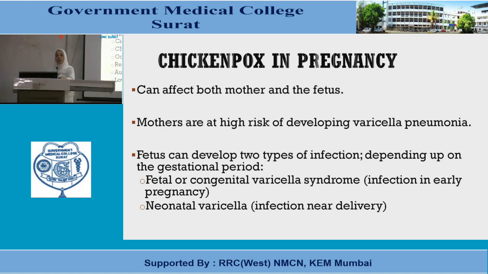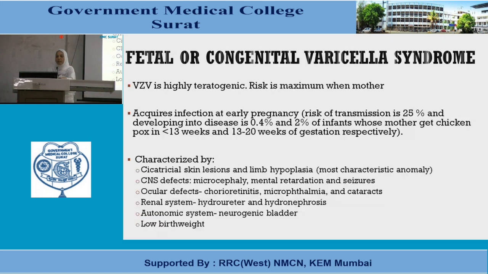Coming to the fetal or congenital varicella syndrome, it is highly teratogenic. The risk is maximum when the mother acquires infection in early pregnancy. The risk of transmission is 25%, and developing into disease is 0.4 to 2% of infants whose mother gets chickenpox in less than 13 weeks of gestation, as compared to 13 to 20 weeks of gestation.